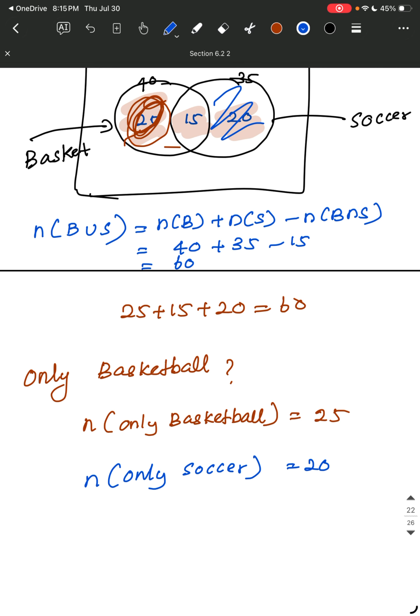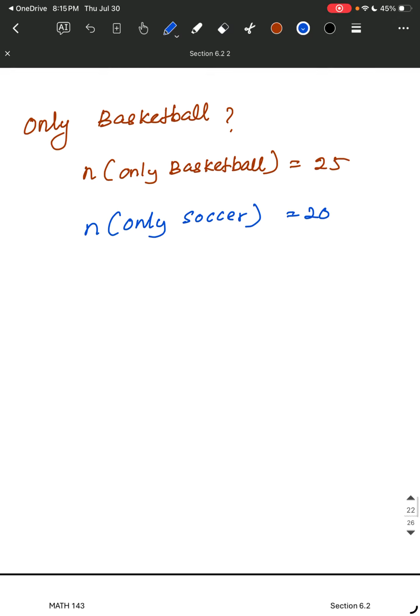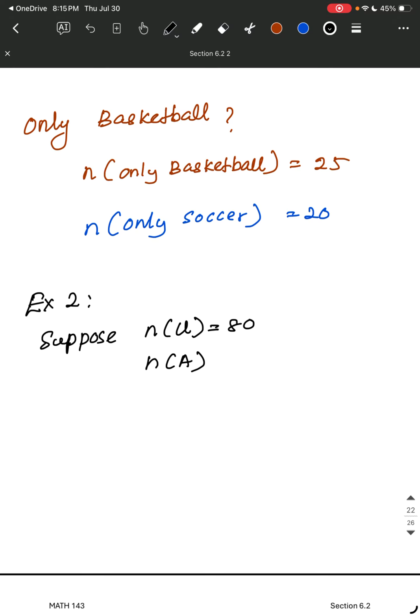Okay, one more exercise. Suppose the number of elements in the universal set is 80, the number of elements in set A is 45, then find the number of elements in A complement.